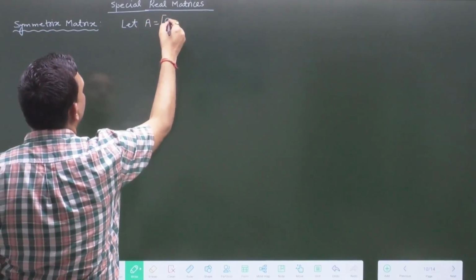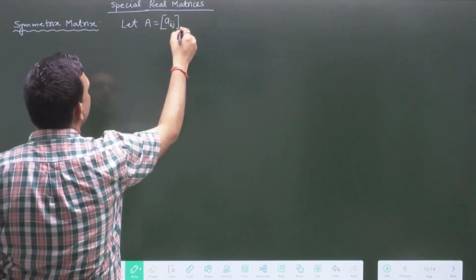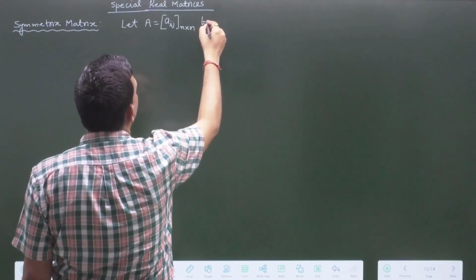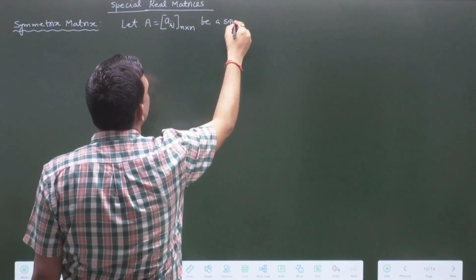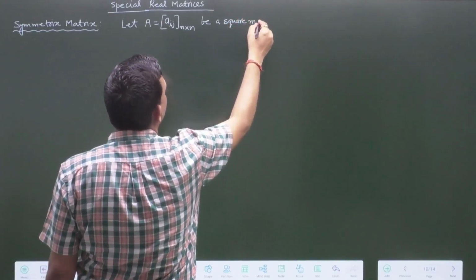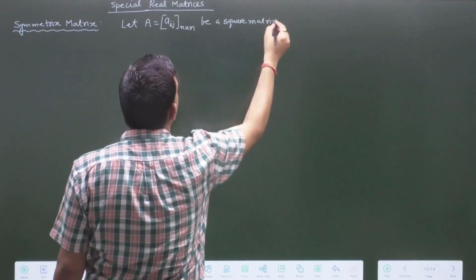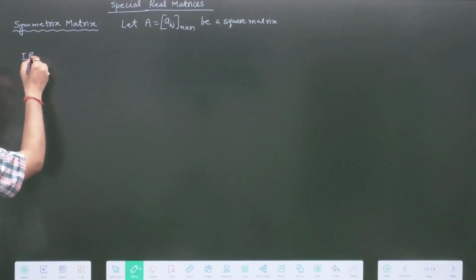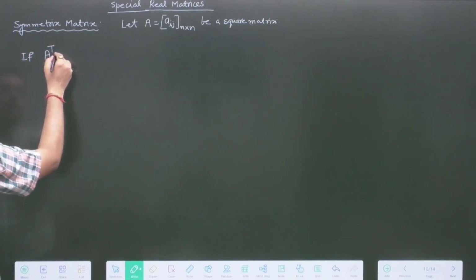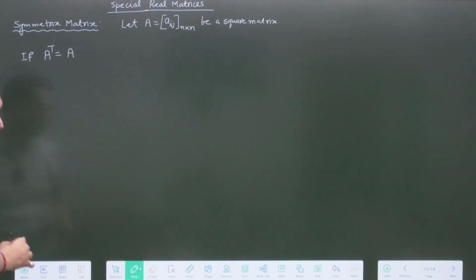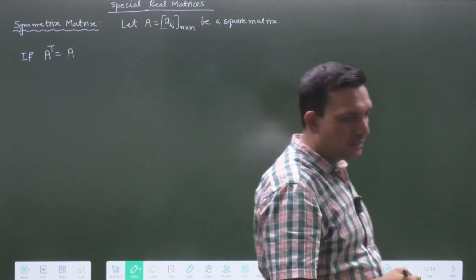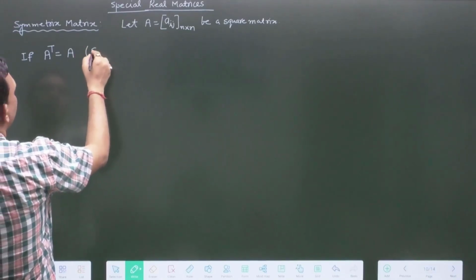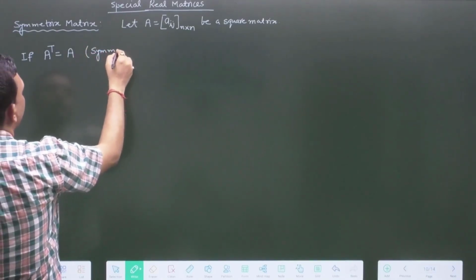Let A be a square matrix. So if A transpose is A, if the transpose of the matrix is the same as matrix A, then it is called a symmetric matrix. This is the condition for a symmetric matrix.